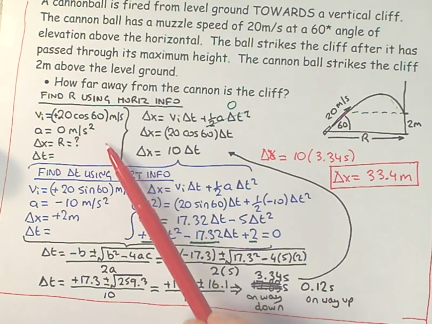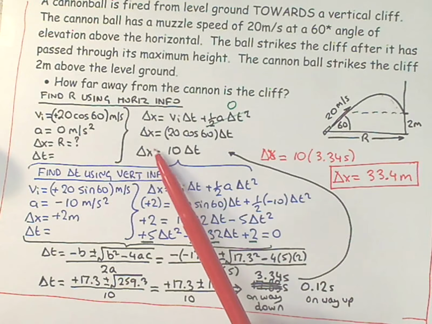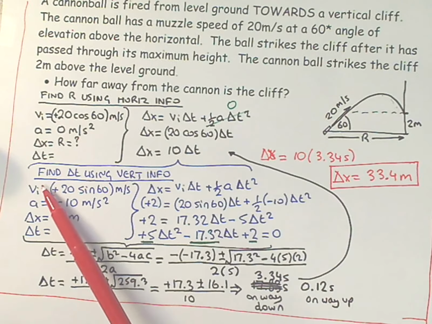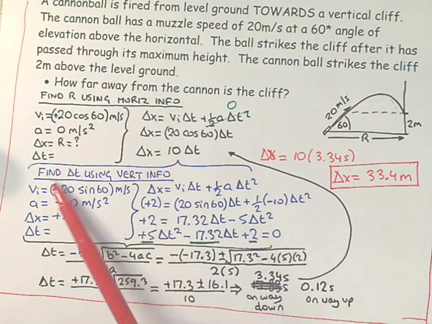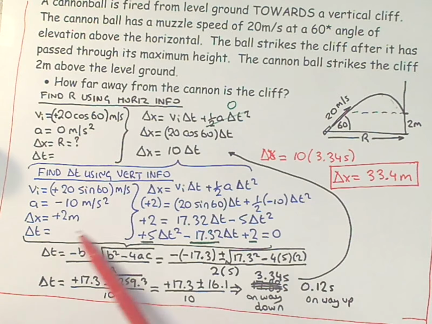We made a list of X information and pushed it as far as we could and recognized we needed time. We then decided to try to find time using the vertical information. It's all that was left to us. And we made a list of vertical information and we tried to find the time. We chose to use the quadratic expression. We figured out our quadratic expression and we ended up with two times.